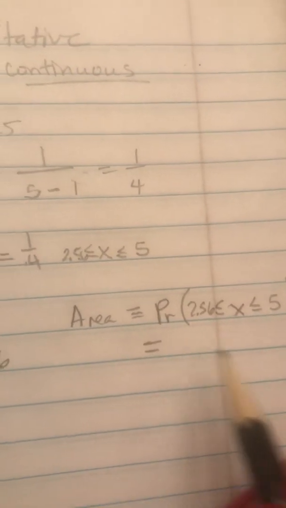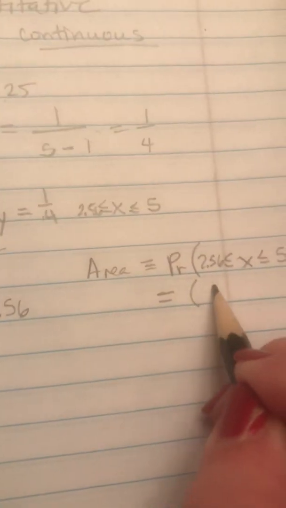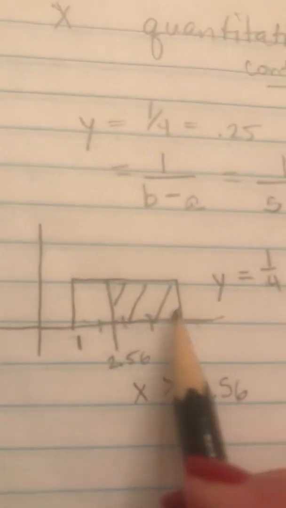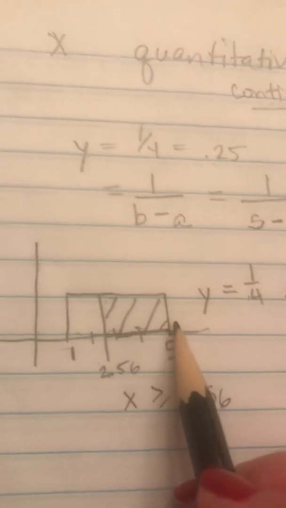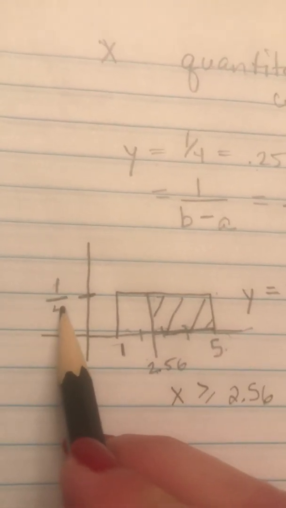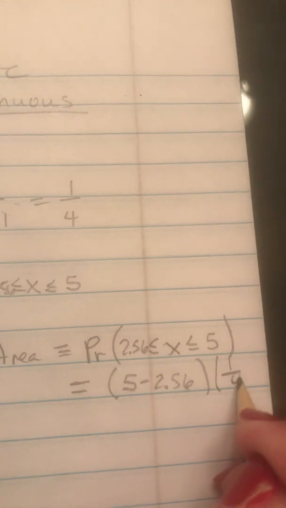And we get area is length times height. 5 minus 2.56 is the length of the rectangle. And the height of the curve went up to 0.25, which is the same thing as 1/4. So the height of the rectangle is 1/4.